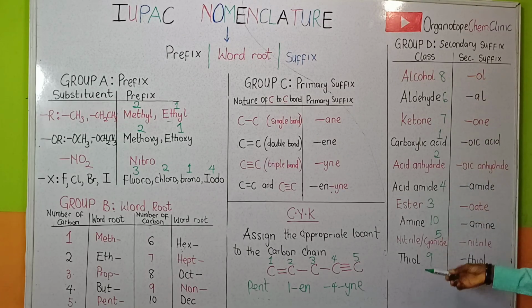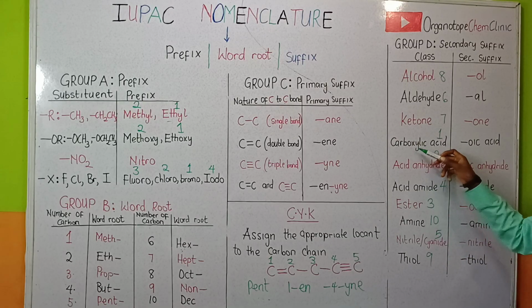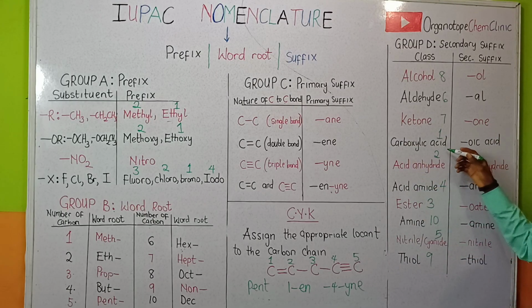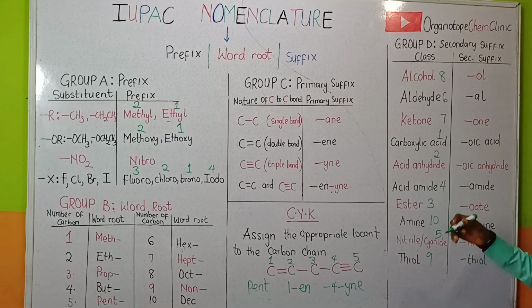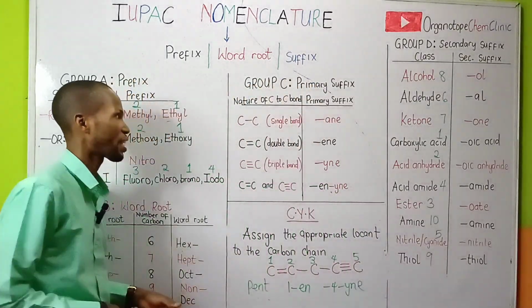The alcohol is greater than the thiol, and the thiol is greater than the amine. In this series, amine is of the least priority, while the highest priority is given to what? The carboxylic acid. So if we have all these groups in an organic compound, the principal functional group is the carboxylic acid, while the least functional group is what? The amine. Make sense? Can we look at the order of naming together again?